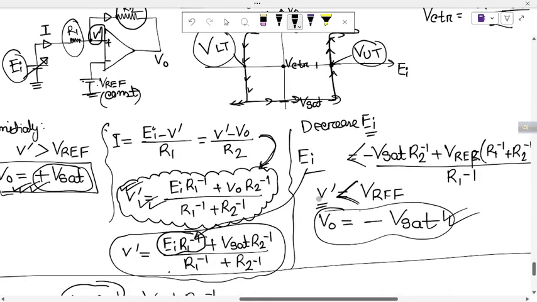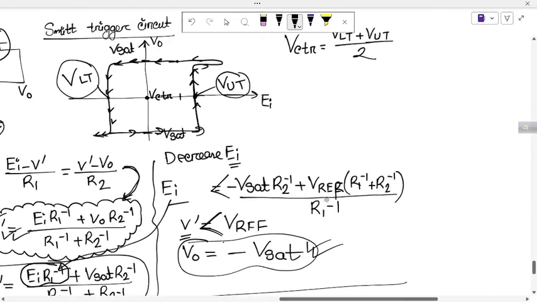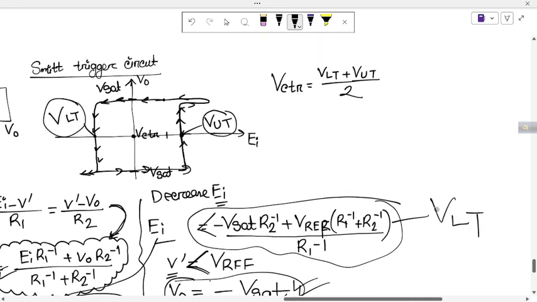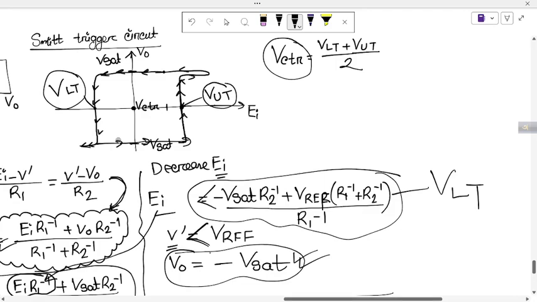If you average the lower and upper threshold voltages, you get the center threshold voltage, which is this. Okay, so thank you.